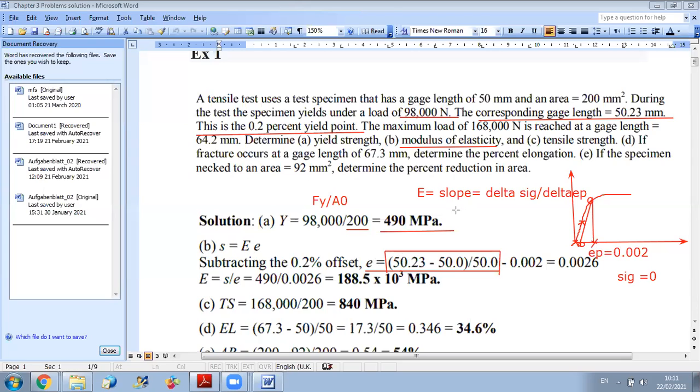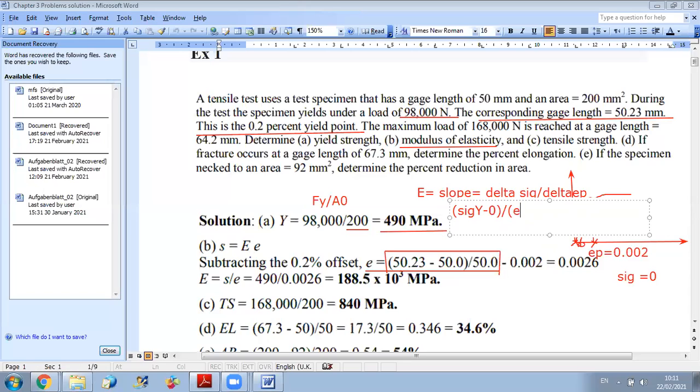Now, by going back to the formula, what is the slope of this line? The slope of this line is delta sigma of the 2 points, which is sigma yield minus sigma at the point of epsilon equals 0.002, which is 0, over delta epsilon, which is epsilon at yield, which is calculated.